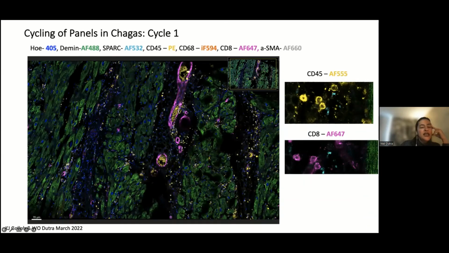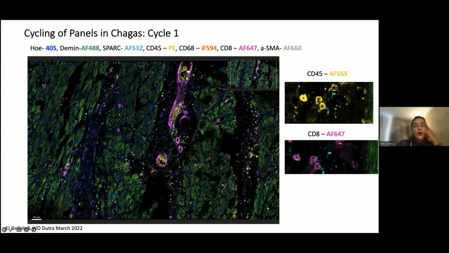You can see here an intense inflammatory infiltrate between the different fibers of the heart, containing CD45 positive cells that are stained here in yellow, but also containing CD8 cells, which are also CD45 positive in this intense inflammatory infiltrate.